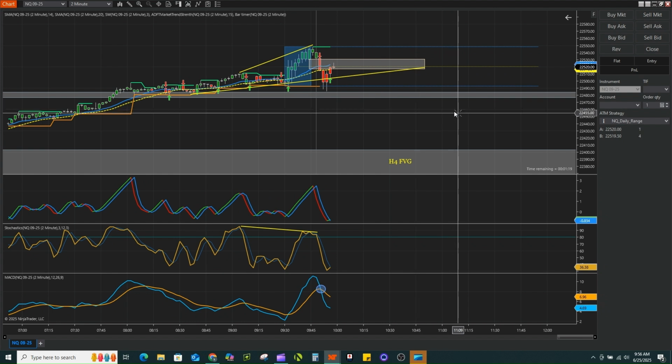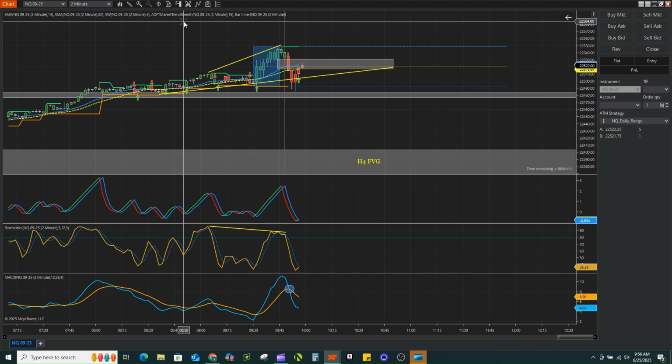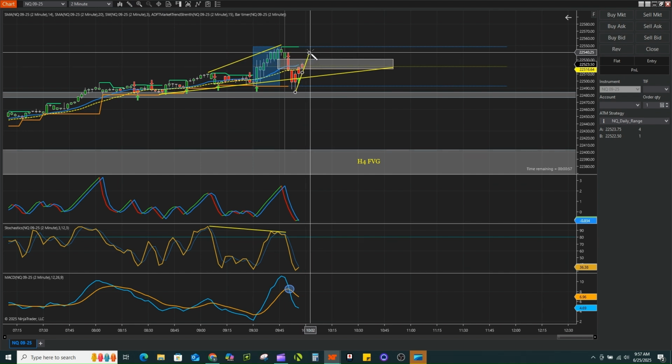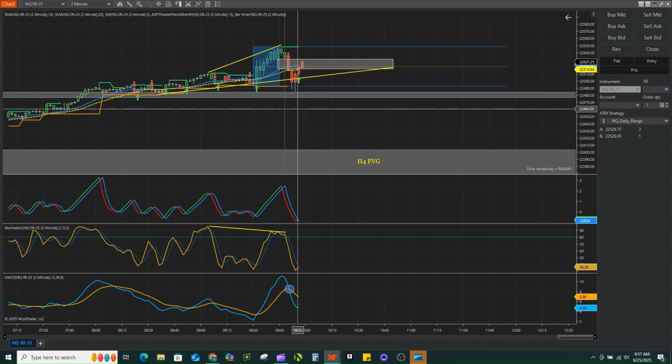The plan is that area is going to be a short-term target. If the market looks strong, then I might extend my target to the 4-hour fair value gap, but we just have to see how the price action looks.